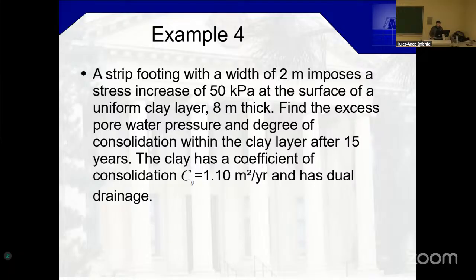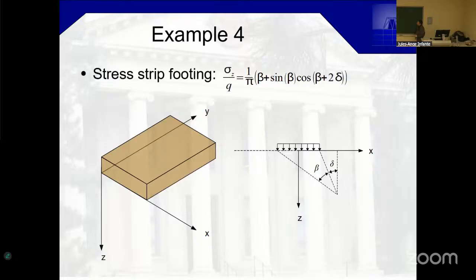Question two. Anyways, let's just get at least this set up. In this case, we're just going to use the strip footing. Obviously, we're going to be in the middle, so we'll use the symmetry over this, and then under the edge here, delta becomes 0.